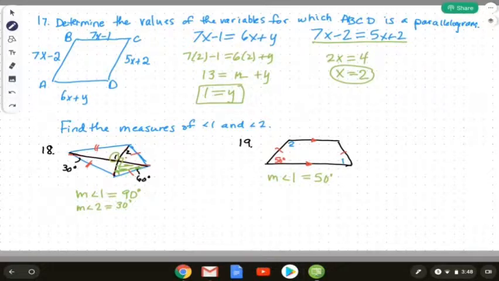And I also know that same side angles in an isosceles trapezoid are supplementary. So I can say the measure of angle 2 plus 50 degrees equals 180, which means I'll just subtract 180 minus 50 and get 130.